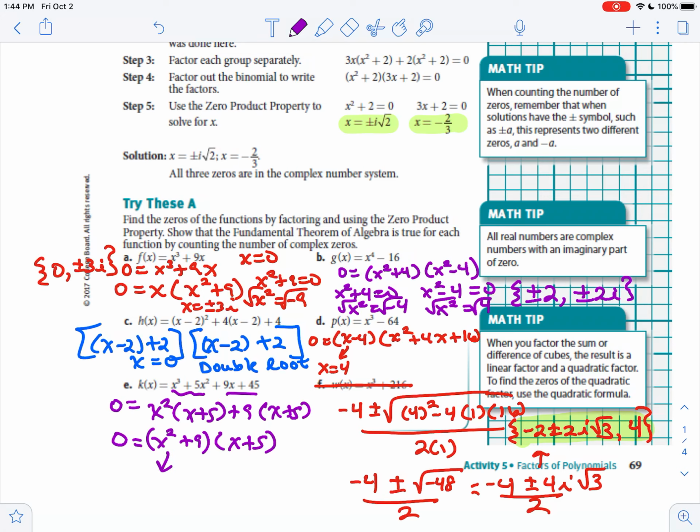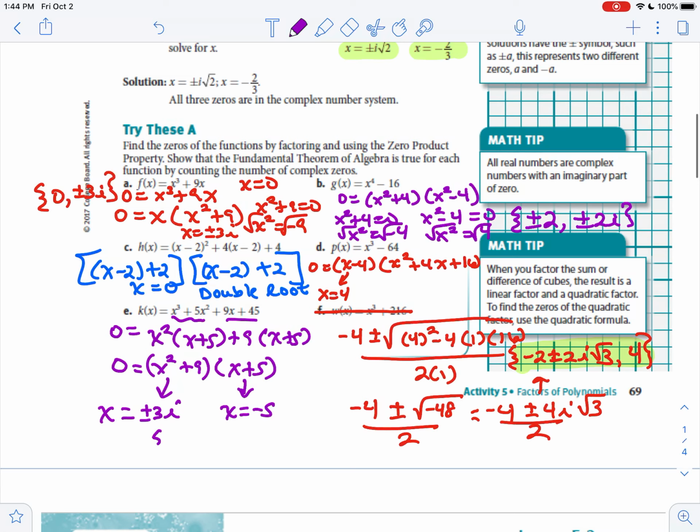And we know from the problem above, x squared plus 9 produced 2 imaginary roots. We got plus and minus 3i. X plus 5 produced negative 5. If you set it equal to 0, you have to subtract 5 on both sides, you get negative 5. And so now we have our 3 solutions. We have negative 5 and plus or minus 3i. Okay, so we just didn't get to go over F because we ran out of room.